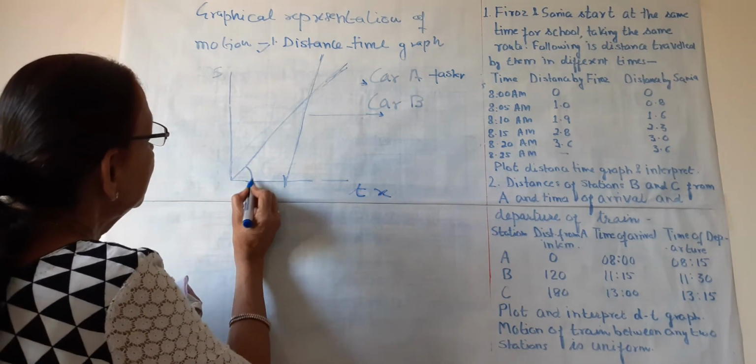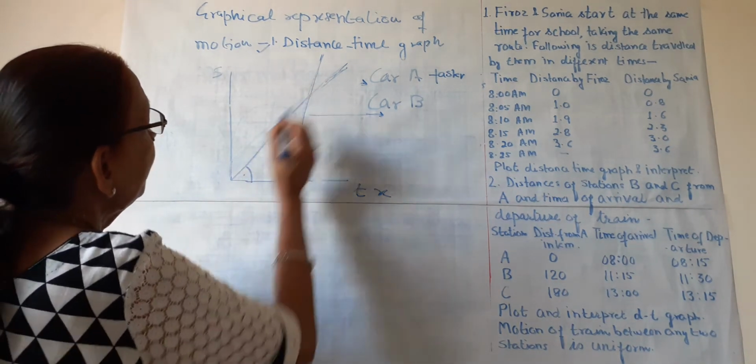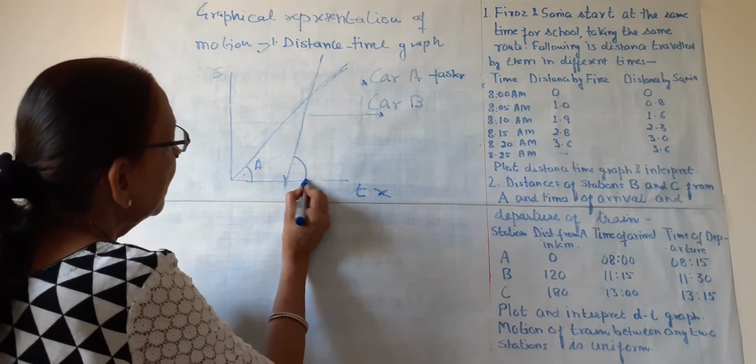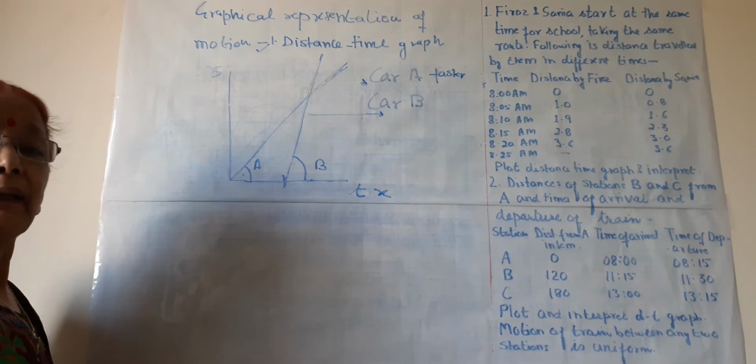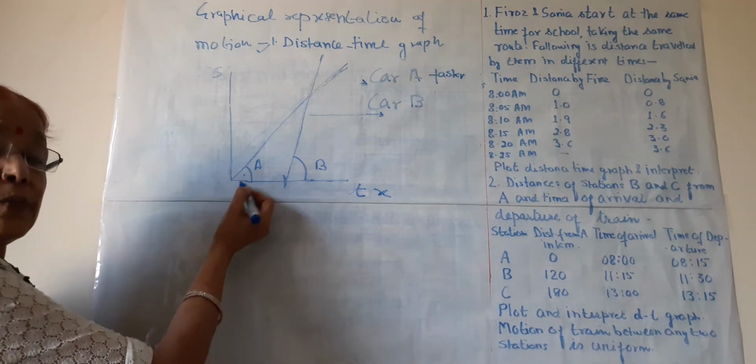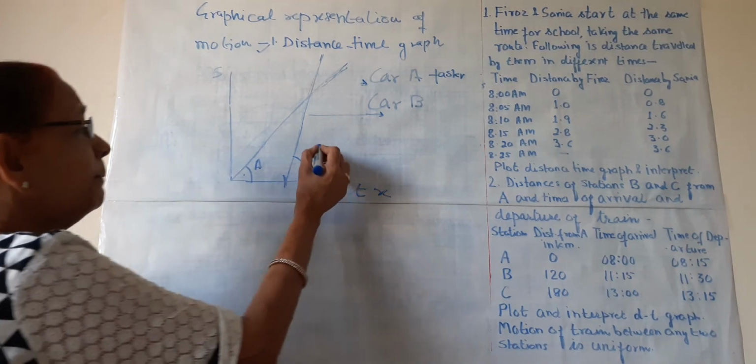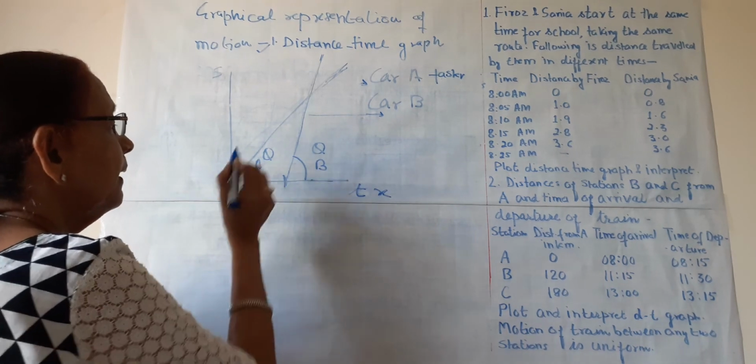So we will again see the angles. This is the angle for A, and this is the angle for B. Which angle is bigger? Which angle is smaller? Theta B is smaller than theta A.